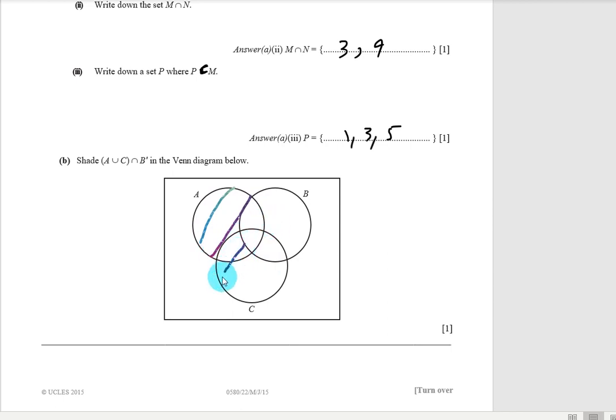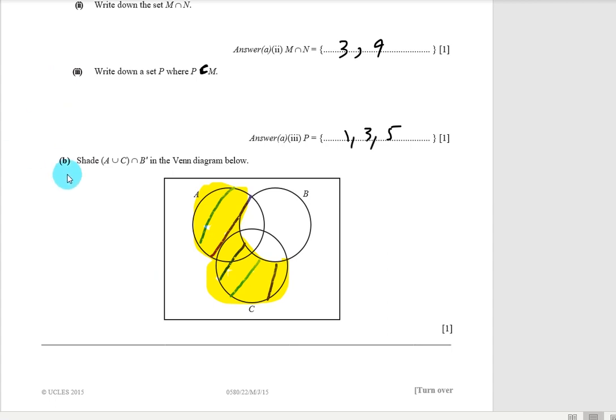Everything except B. Let me highlight this part, all of this part except B. That is B dash.